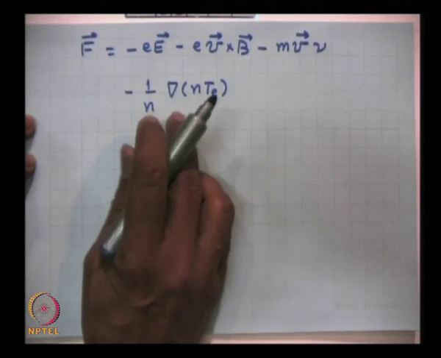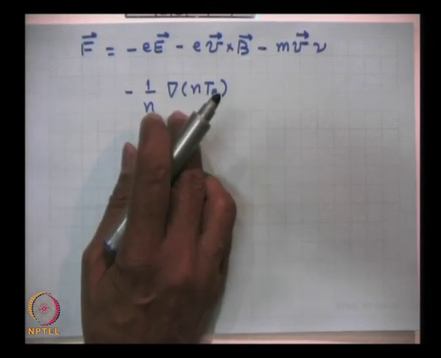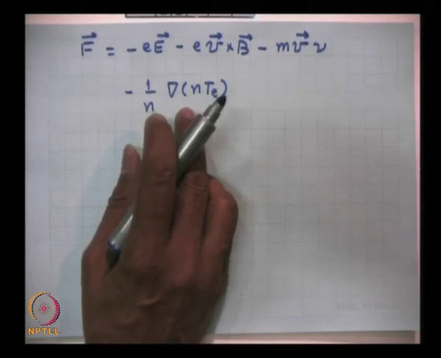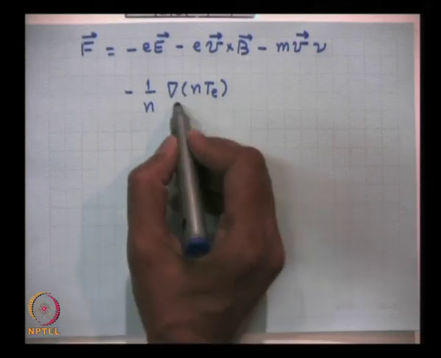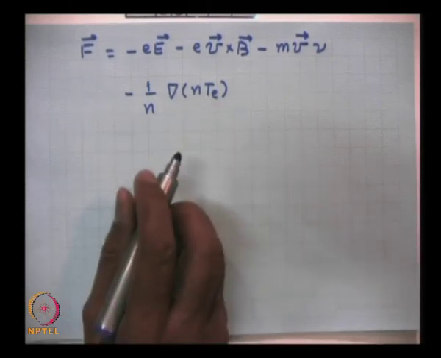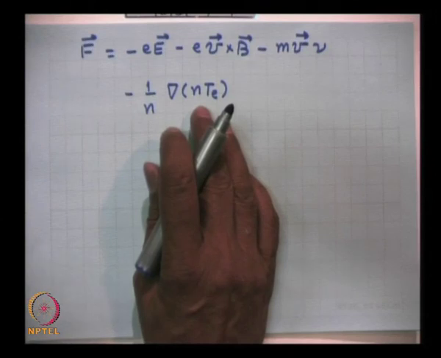Here I have generalized the pressure gradient force. In my derivation I had presumed that the pressure varies only with x, but if pressure varies in general with x, y, z, then the force will be expressed as a gradient of pressure.